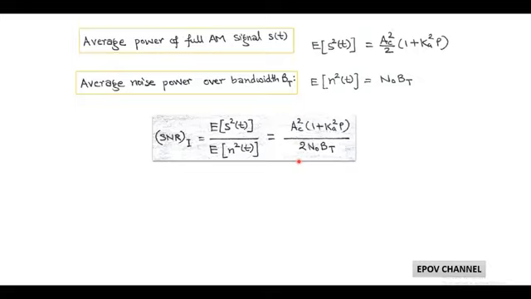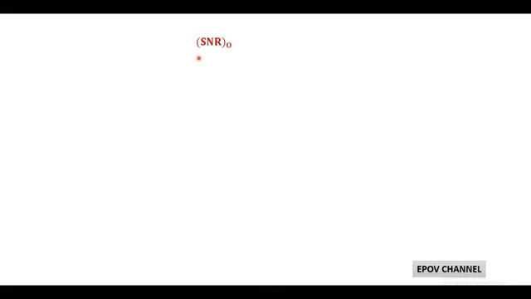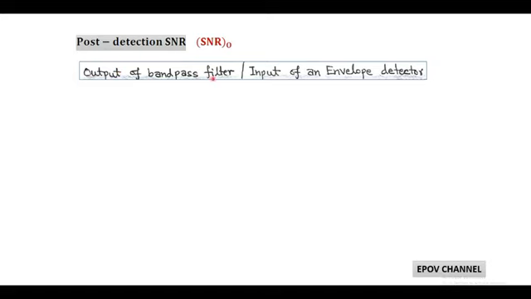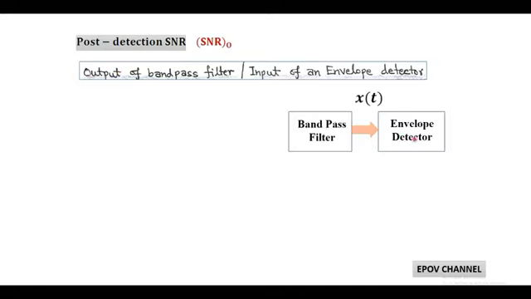After this we have to find output or post detection SNR. For this, we consider output of a bandpass filter, or we can say input of envelope detector denoted by x(t). Here x(t) is equal to s(t) + n(t), and n(t) is called filtered or narrowband noise.